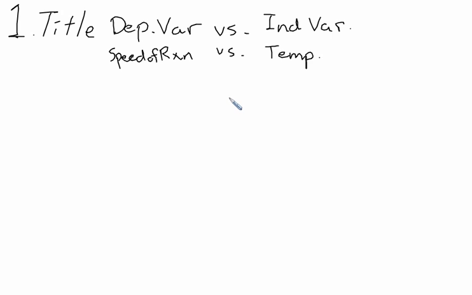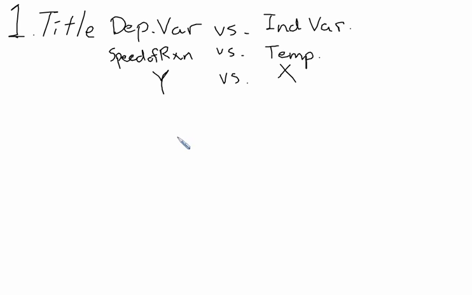All right. Now, when we're creating our graphs, one thing that is good to keep in mind is whatever your dependent variable is will always be on your y-axis, and whatever your independent variable is will always be on your x-axis.